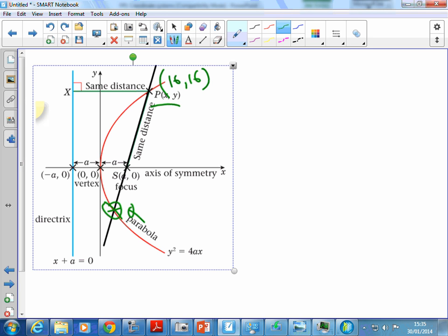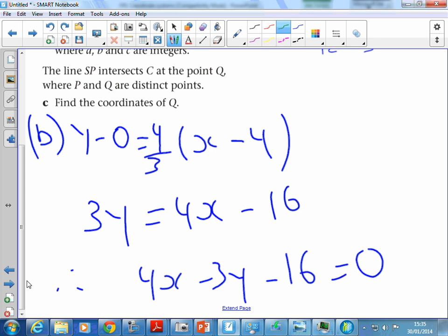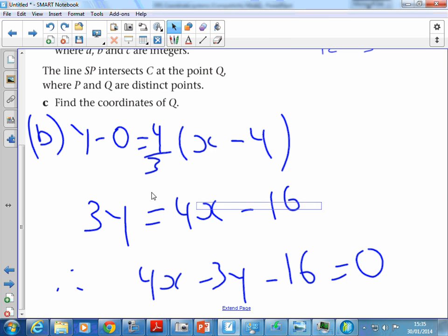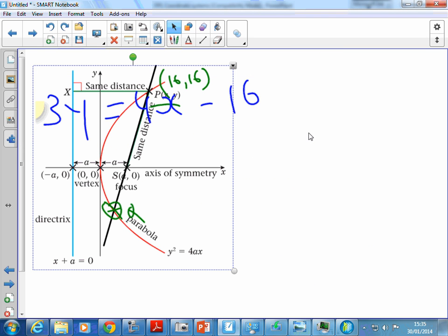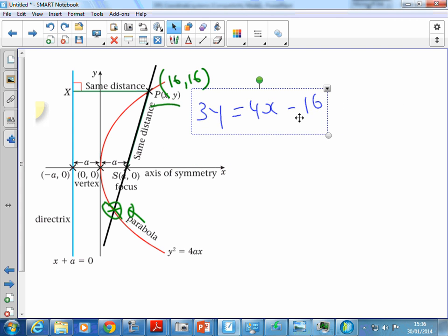You know that in order to find out where two lines or a line and a curve or two curves intersect, you solve simultaneously the two equations. The equation we had is that. I'm going to take this one. Okay, so that is the equation of the line.